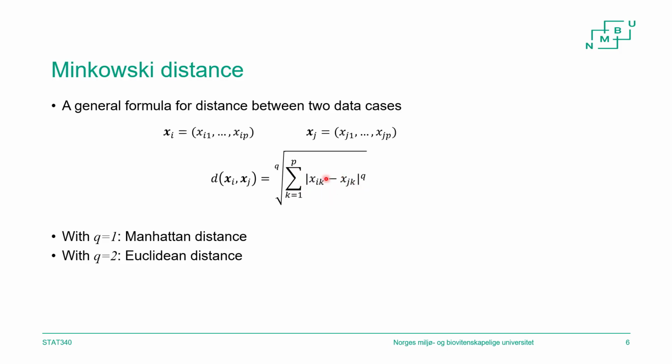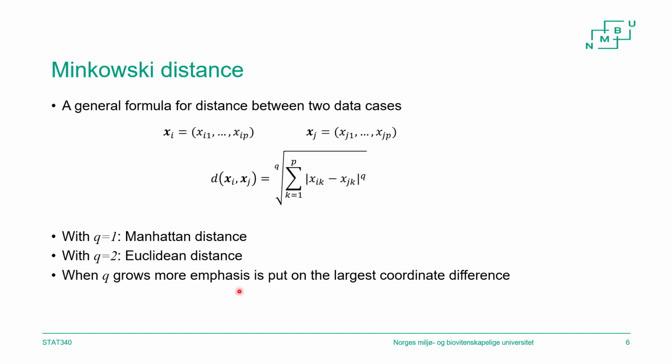But it doesn't matter if they are there, right? So you sum up the squared differences, and then you take the square root at the end of the summation. Then you get the Euclidean distance. But you can choose also bigger q values, 3, 4, and so on. But these two are the most commonly used, q equals 1 or q equals 2. But the general Minkowski formula looks like this then.